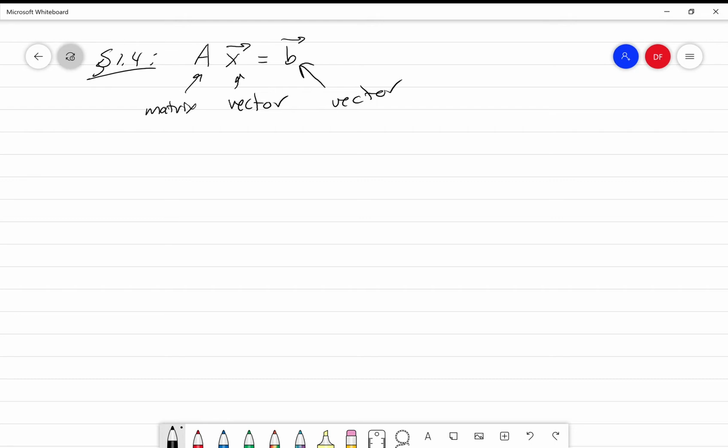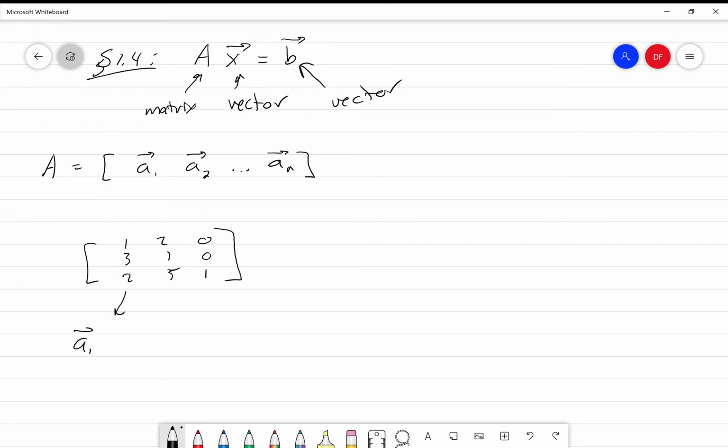Okay. We can represent A in notation with the following column vectors. For example, if A is 1, 3, 2, 2, 1, 5, 0, 0, 1, let's say, then A1 would be the column vector 1, 3, 2.